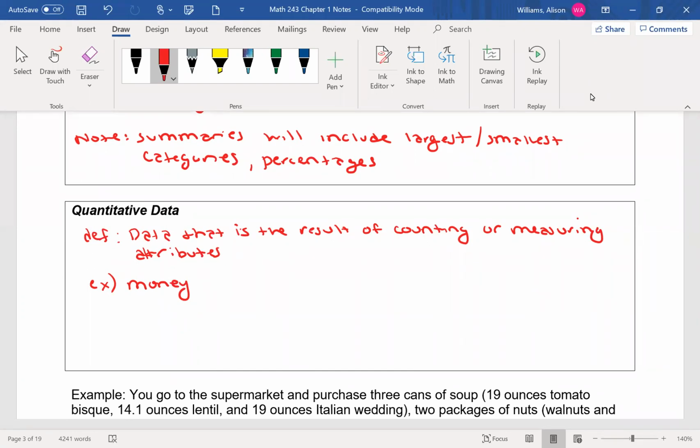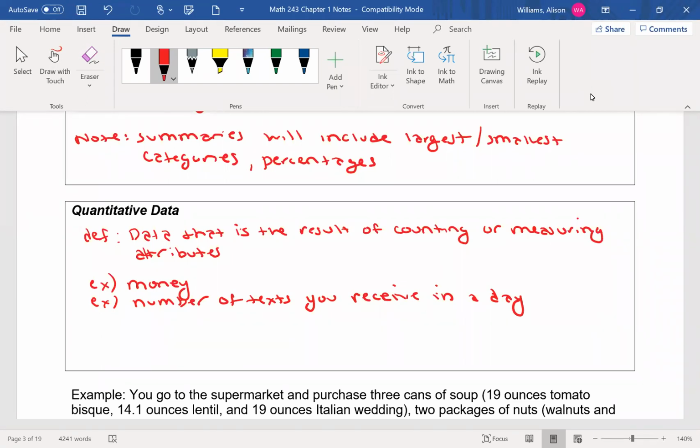Okay, so money could potentially be counted, but it also could kind of be measured based on percentages of growth. Okay, another example could be the number of texts you receive in a day. Wow, in a day. Okay. That's another example. Now that wouldn't have decimals attached. Those would be whole numbers.